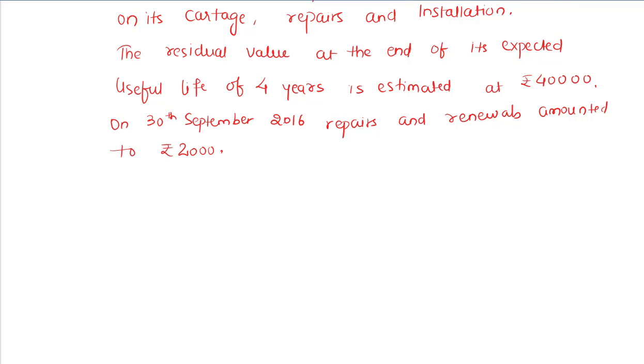On 30th September 2016, repairs and renewals amounted to rupee 2000.